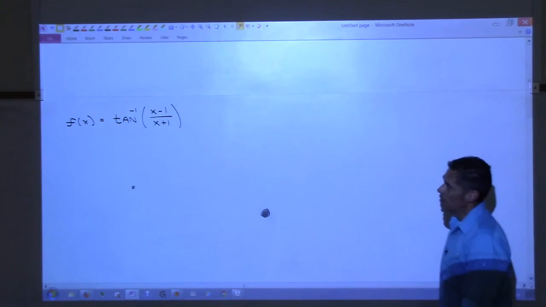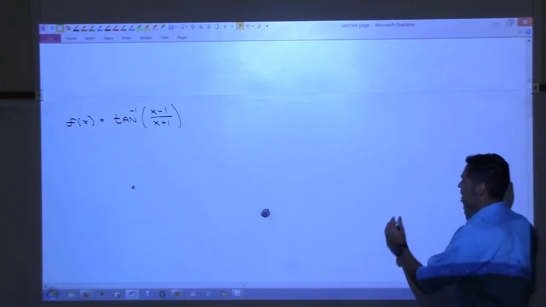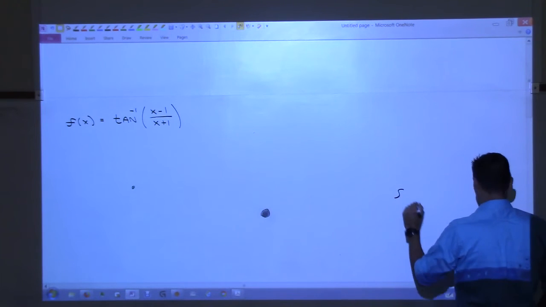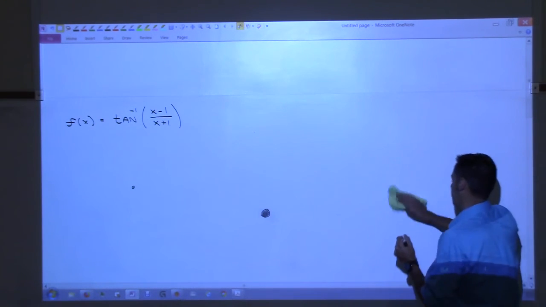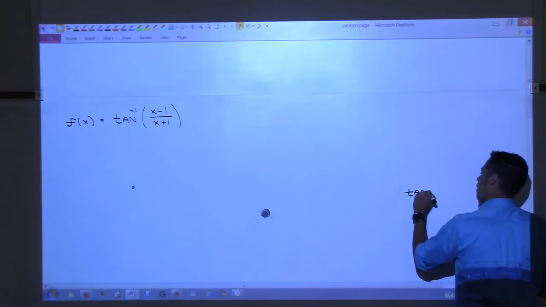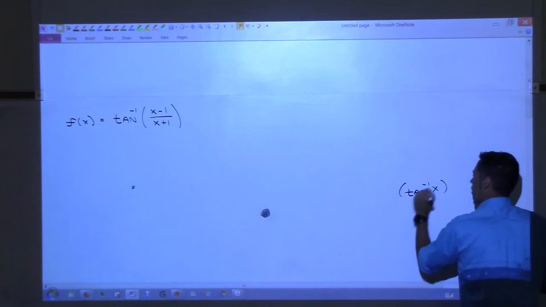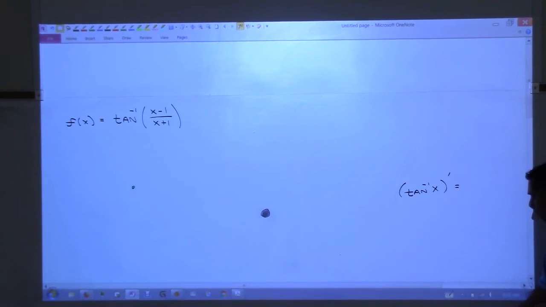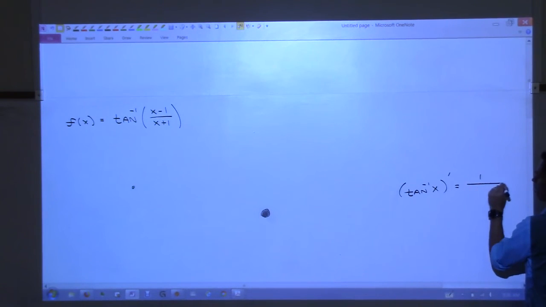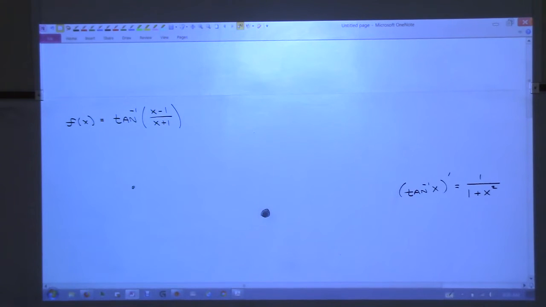All right, we need the derivatives. So first, we need to remember what the derivative of arctangent of x is. I covered this very briefly when I showed you the derivatives of the inverse trig functions, and I told you to put a star next to this one because this one comes up a lot. 1 over 1 plus x squared is the derivative of arctangent of x.